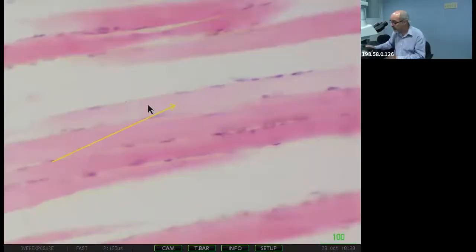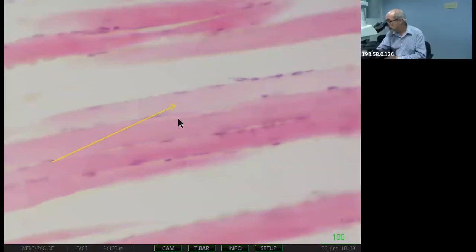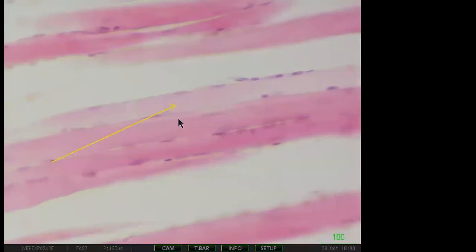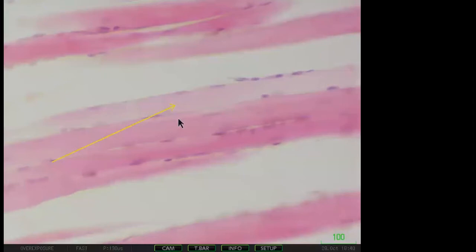You don't see anything here? No, let me check. Yeah, you should see them. I can see them also on the other screen. So you see the striations?